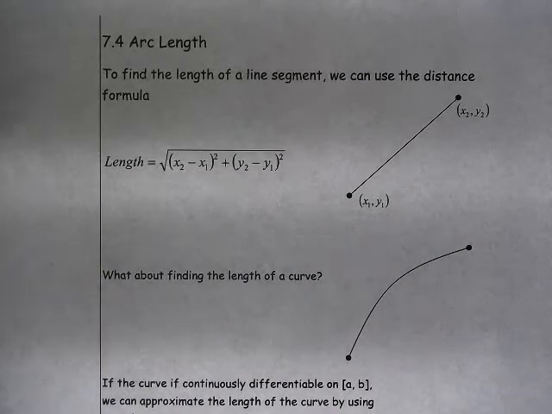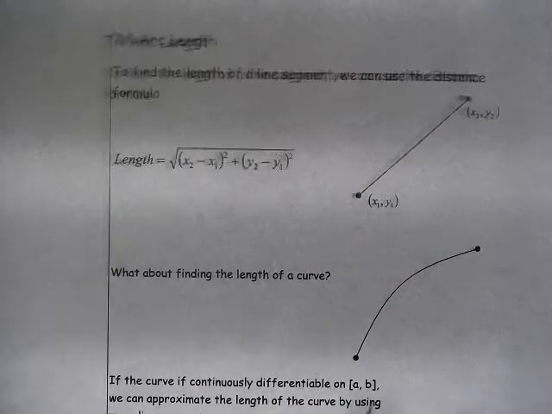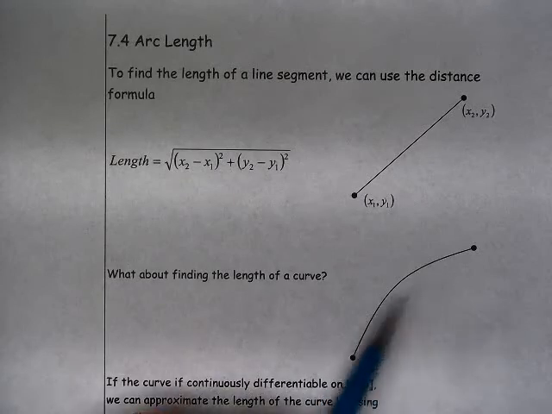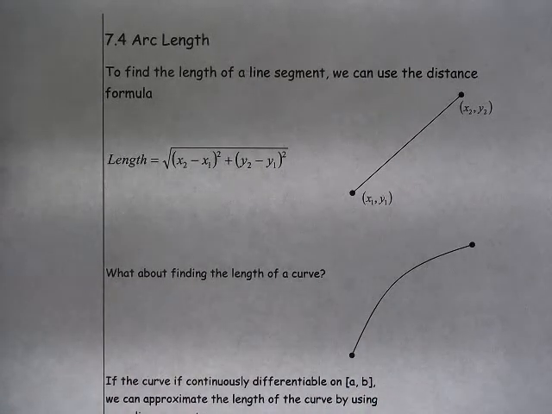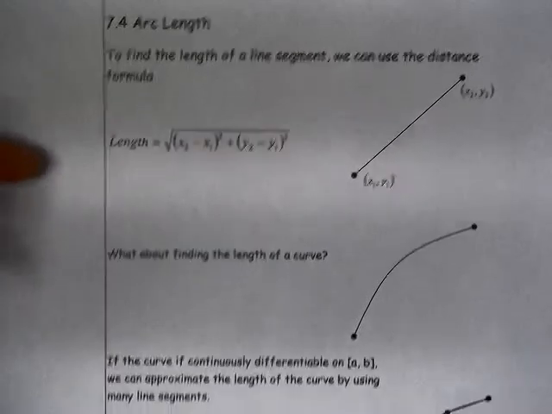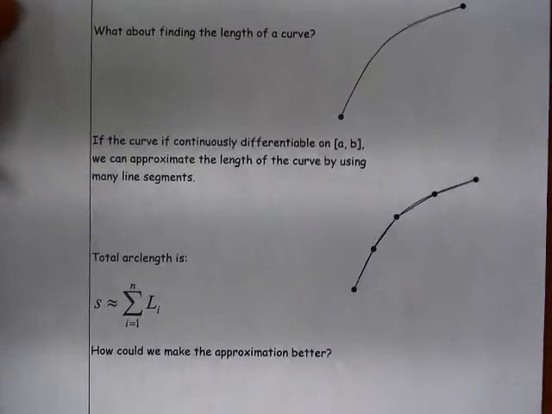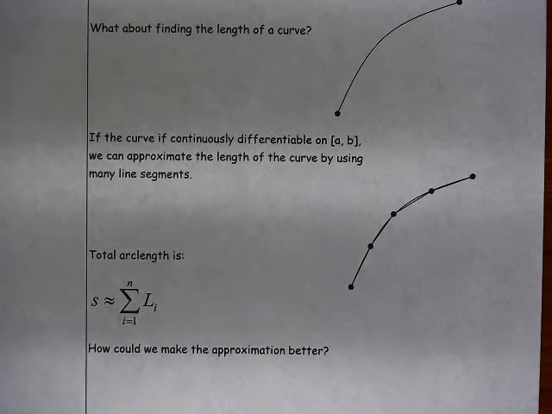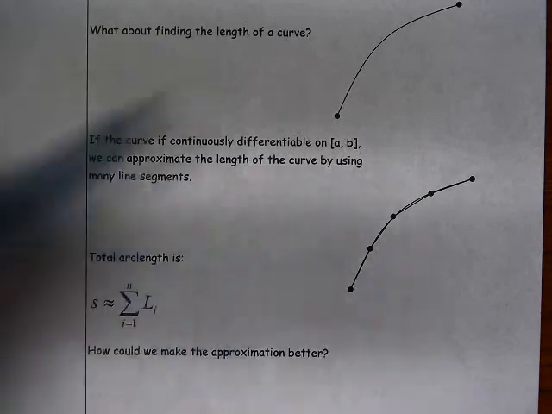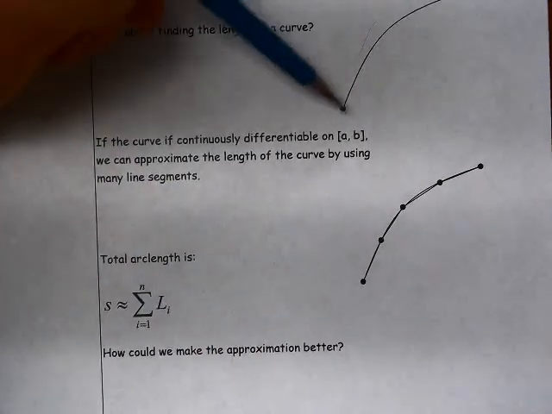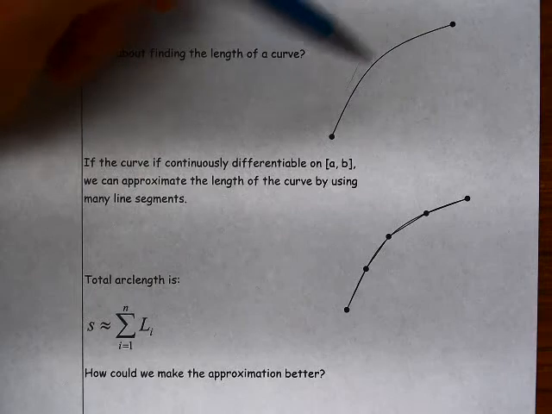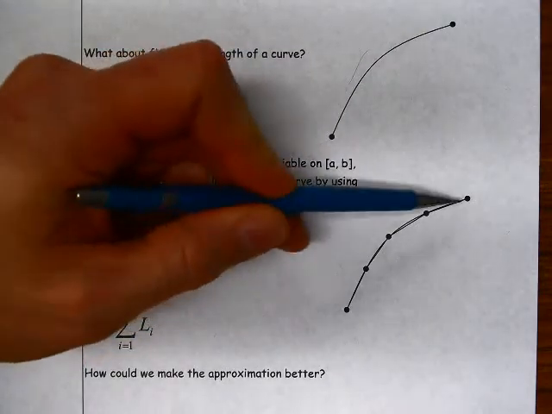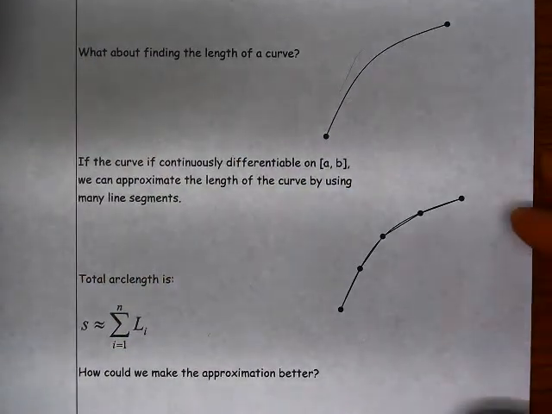Okay. So what we're going to do now is take that concept and expand it to finding the length of a curve. And just like we did with area and we did with slope, we're going to start this using the idea of breaking this thing up into parts and then using more and more parts to get a better estimate of this length. You can see here that I've split this length of curve up into 4, in this case, straight line segments.